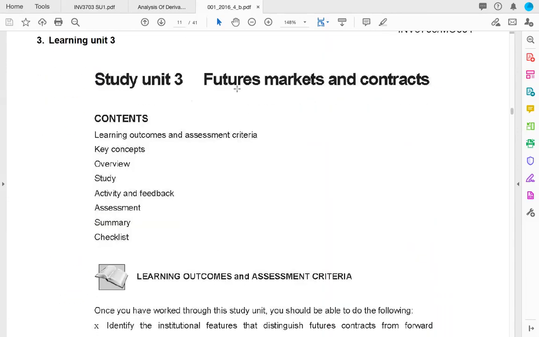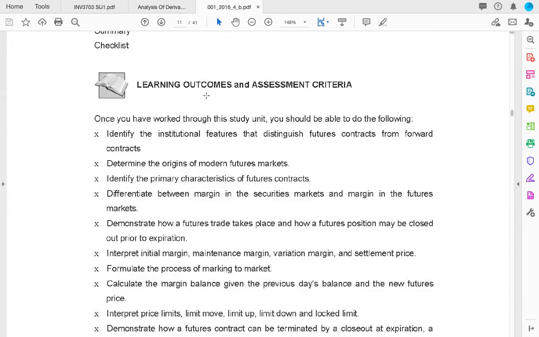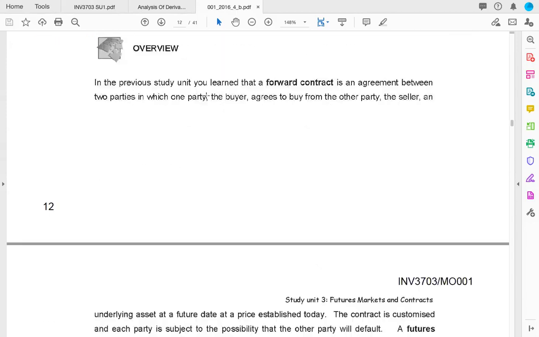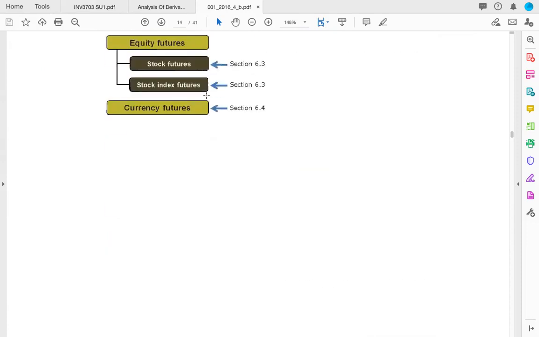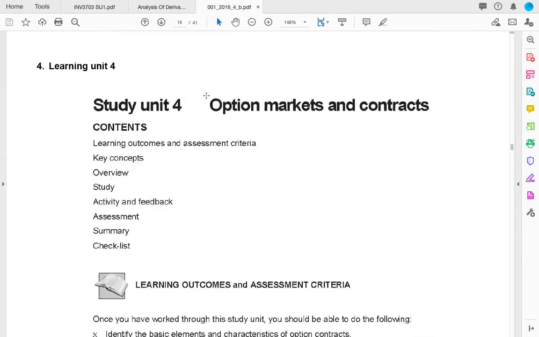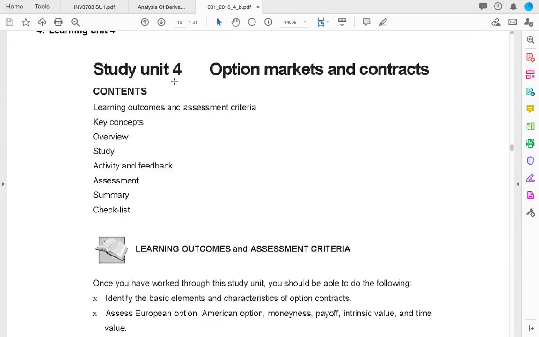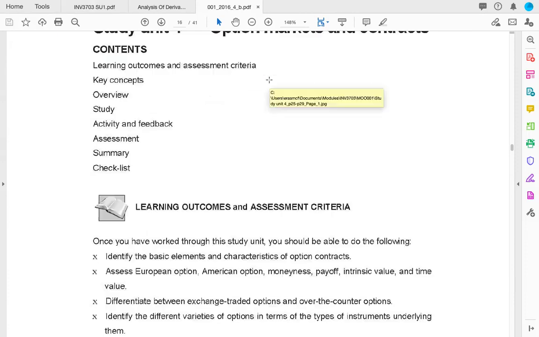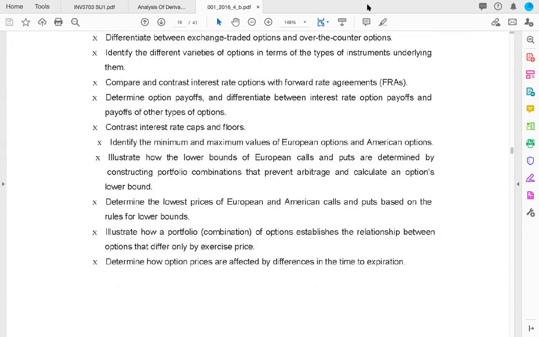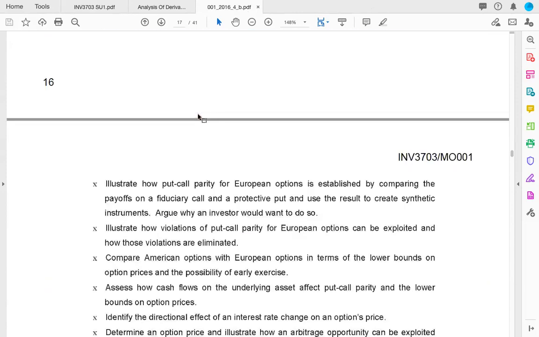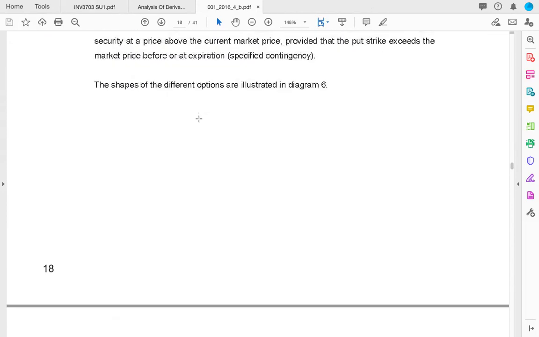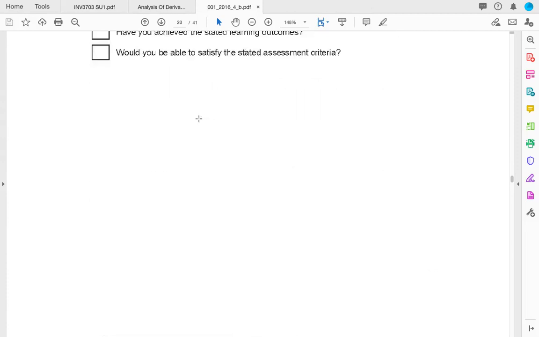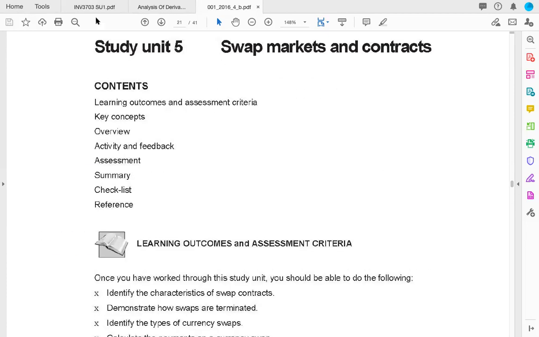Study unit 3 is Future Markets and Contracts, which is also a special kind of derivative contract. Study unit 4 is Option Markets and Contracts. And lastly, study unit 5 is swaps. Yeah, swap markets and contracts.